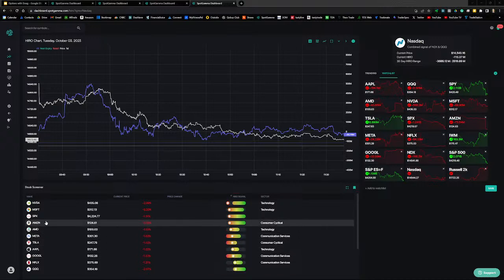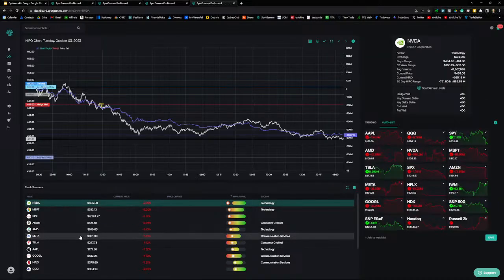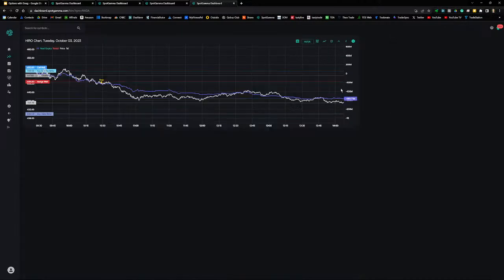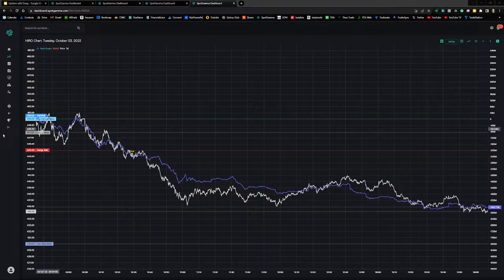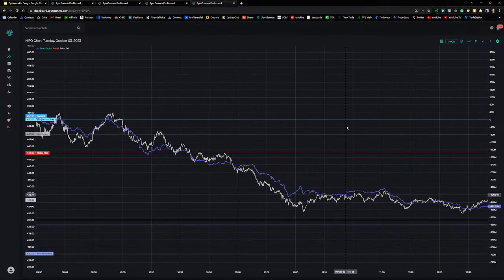All right, so let's take a look at NVIDIA first. Zoom in on this chart. Note here's the 450 level. That is the call wall and the key gamma strike that did its job today, acted as resistance. I'll zoom in on this just a little bit in the morning.